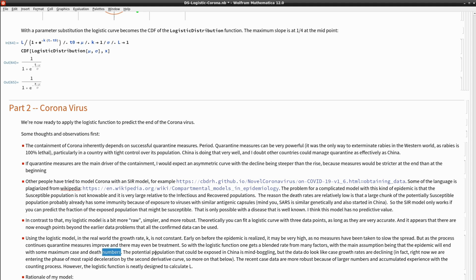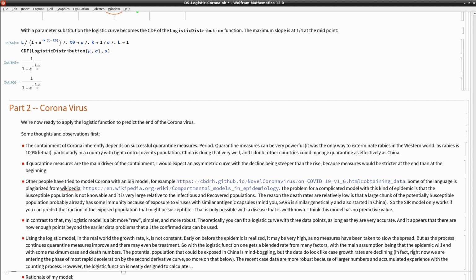So the potential population that could be exposed in China is mind-boggling, but the data do look like case growth rates are declining. And in fact, as I'm going to show you in a few moments, right now we are entering the phase of the most rapid deceleration by the second derivative. And the recent case data are more robust because of larger numbers and accumulated experience with the counting process.